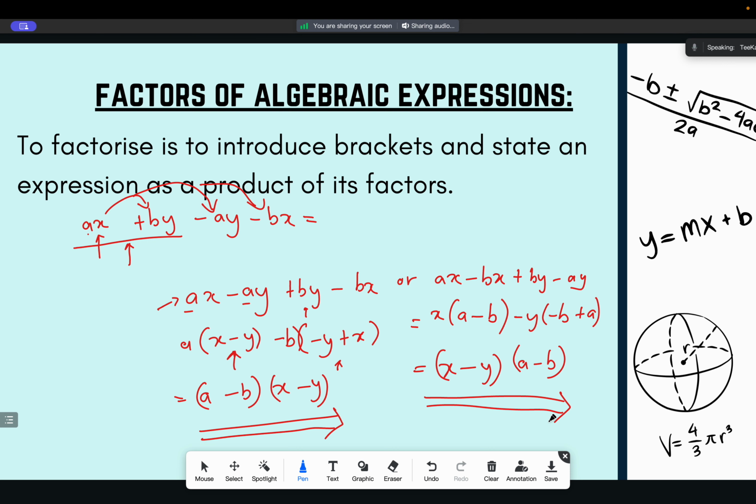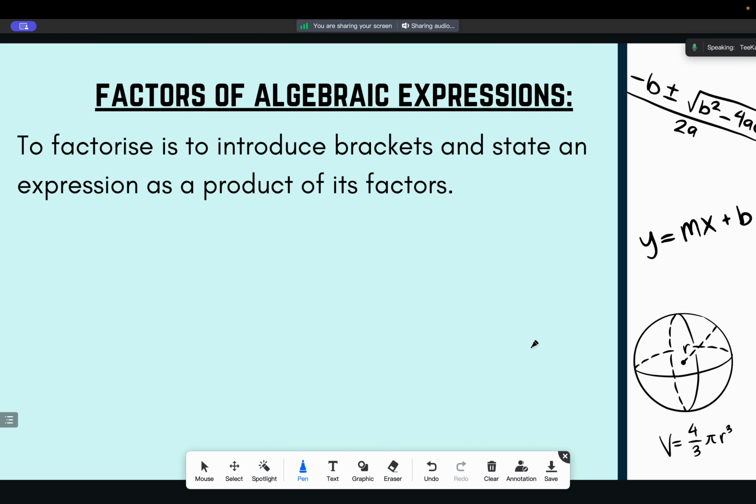Okay, so when we talk about this, we will need to use this more and more. So it's important that you learn factorization very fast and you understand it so that you are able to factorize.